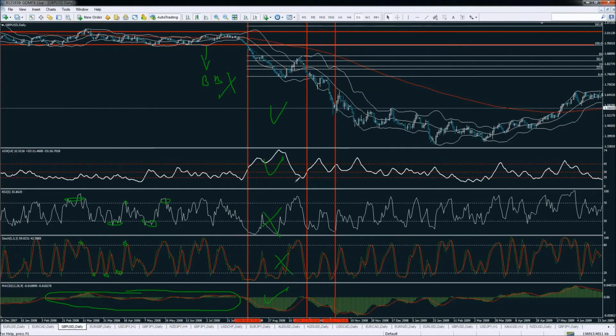So let's see when the ADX starts falling down in this final chapter here. The average directional movement index is falling now, which means that the trend is gone, or at least temporarily.